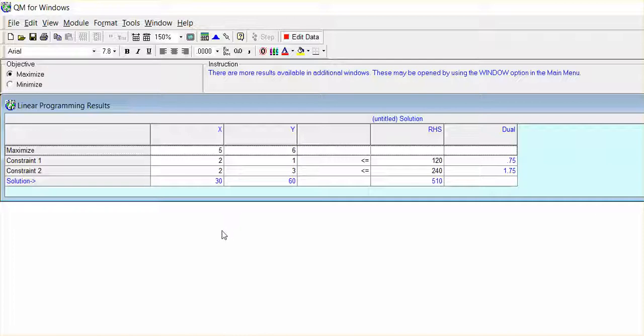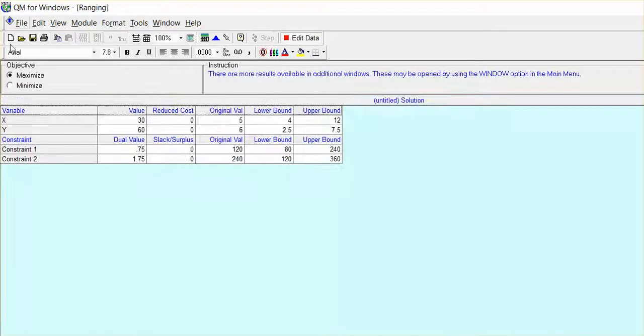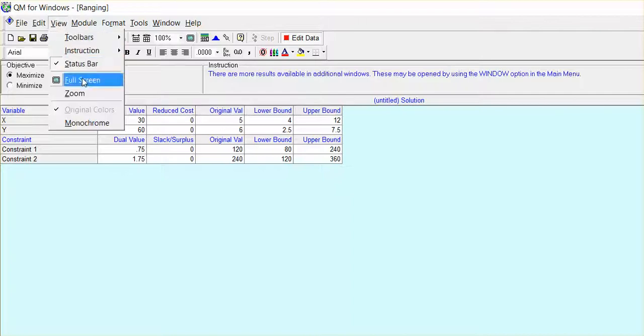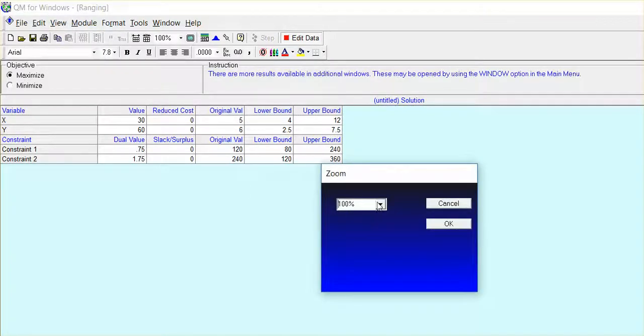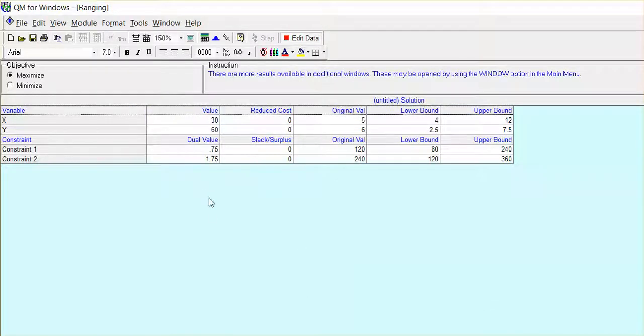For this particular situation, we want to go to our ranging table, which will provide us with the answer. You can see in the top half we have the value, 30, 60. We have the original value, 5 and 6.